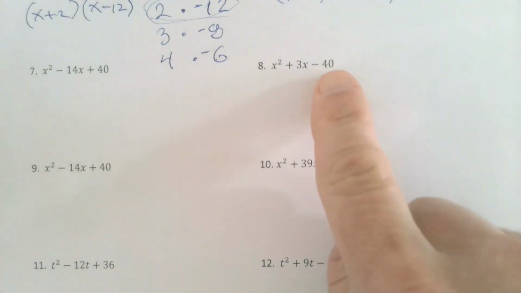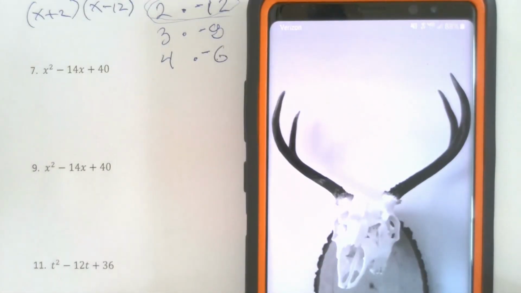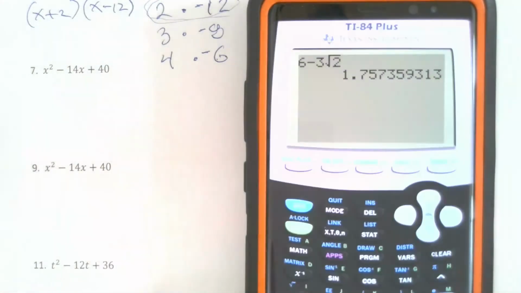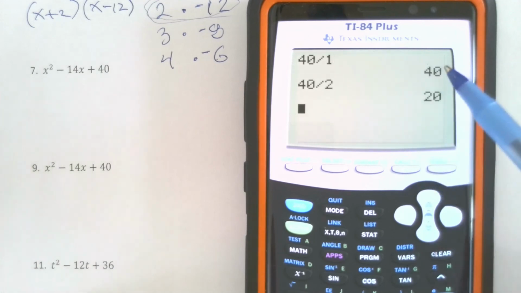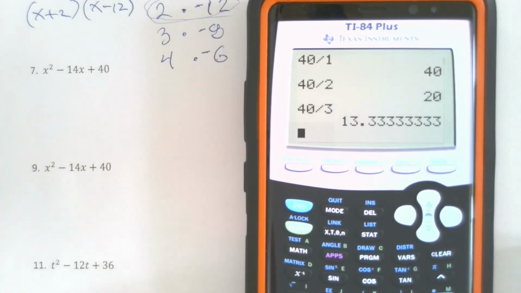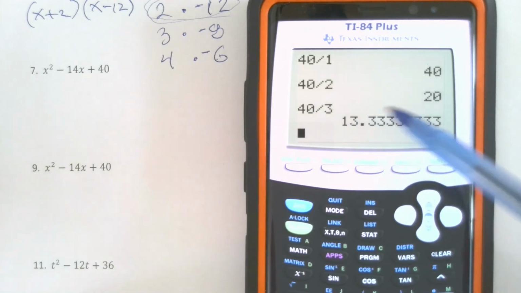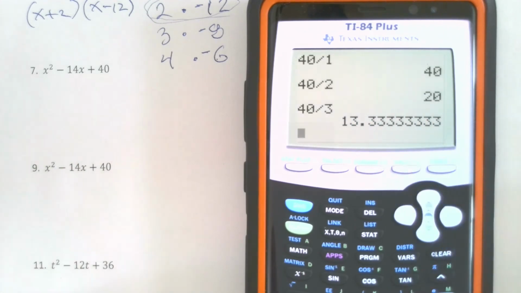I was going to remind you again of how to get these numbers in case you don't remember. So, how I get numbers like that, I just go 40 divided by 1, 40 divided by 2, and I've already got 4 things to put on my list. 1 times 40, 2 times 20. Here's something you're not going to put in the list. You're not going to put 3 times 13-point garbage, are you?